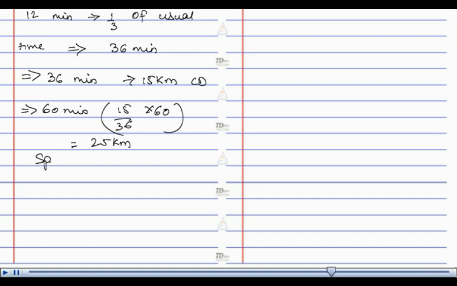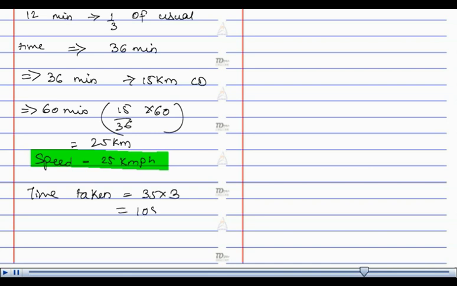So speed will be 25 kilometers per hour, and the time taken will be 35 multiplied by 3, that will give you 105 minutes. The distance, as we know, is equal to speed into time.